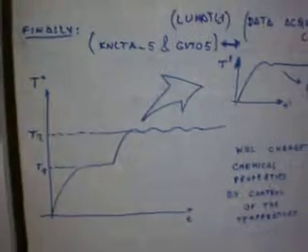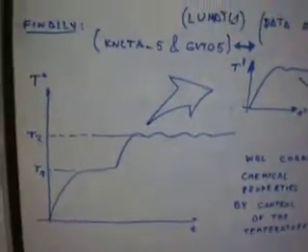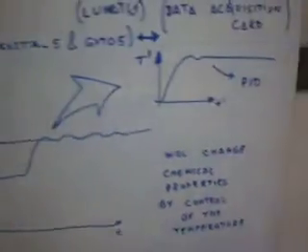Also, if we change the temperature, we obtain a change in the chemical property, and we can obtain this control by software. It could be made in the next version of this video.